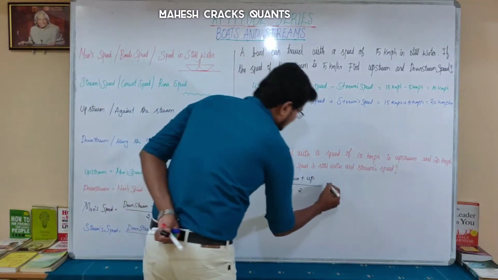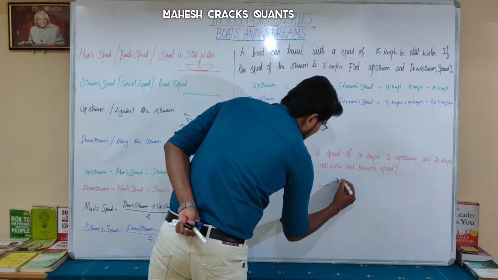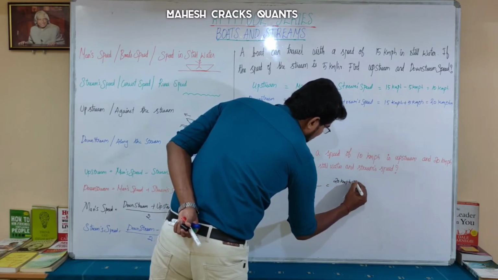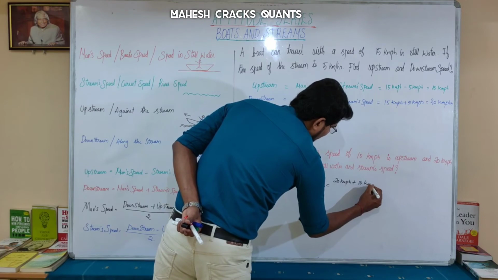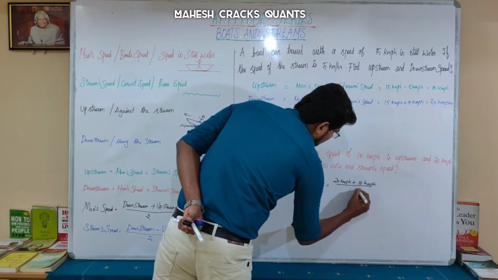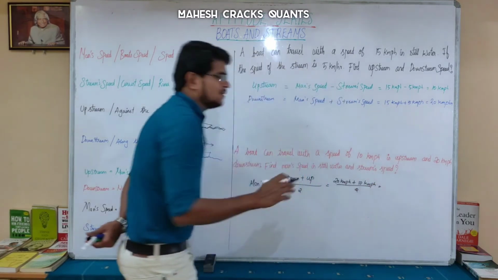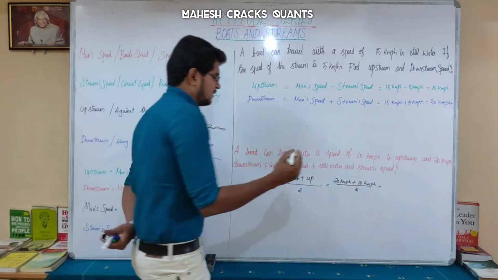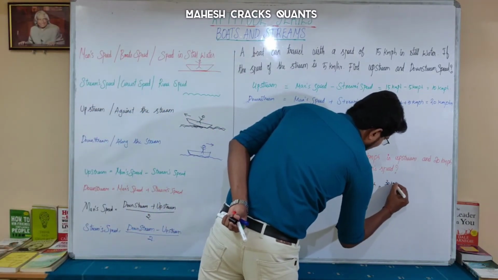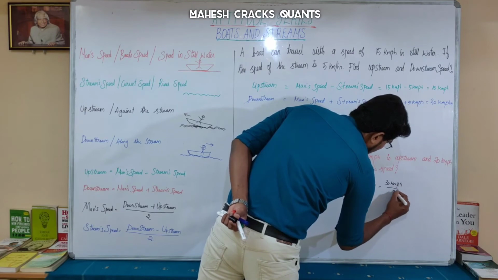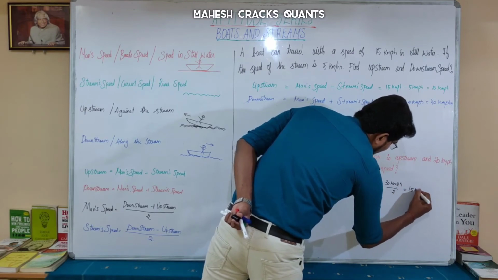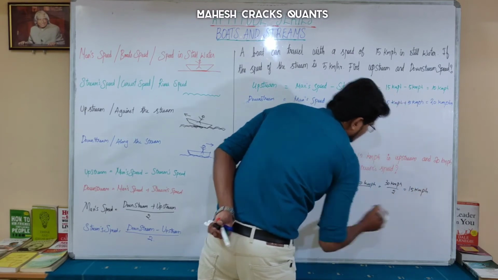What is downstream speed here? It is 20 km per hour. And what is upstream speed here? 10 km per hour. So divided by 2 will be the answer. So 20 plus 10, 30 km per hour divided by 2, which is nothing but 15 km per hour.